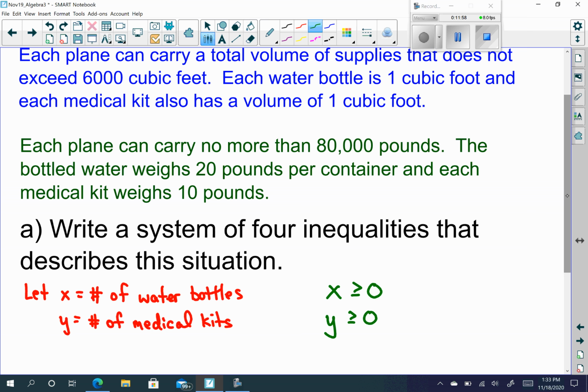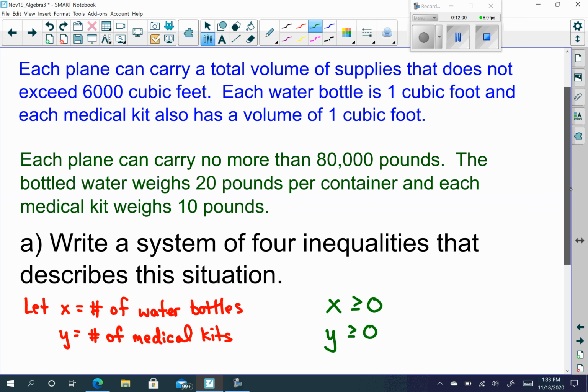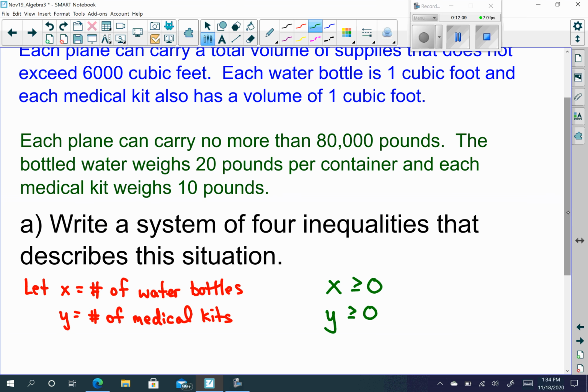All right, the other 2 inequalities are going to come from each description here. One, we're going to talk about how much space we can have in the plane. I know the size of each water bottle is 1 cubic foot, so 1 cubic foot for every water bottle we have. So 1x, or x, plus 1 cubic foot for a medical kit, so 1y.